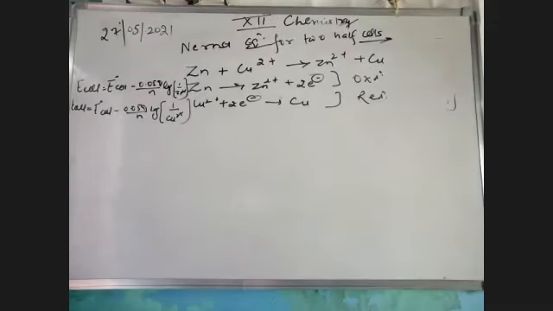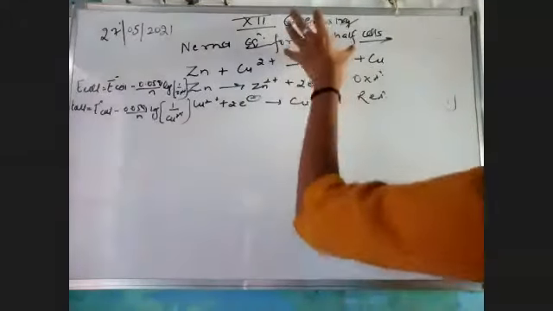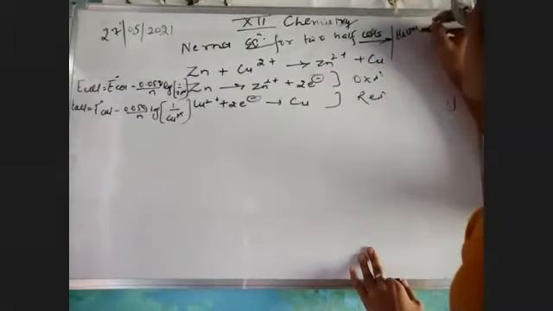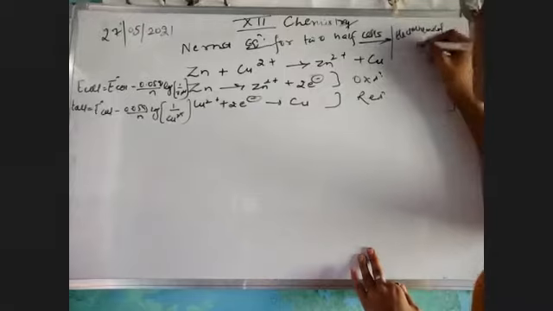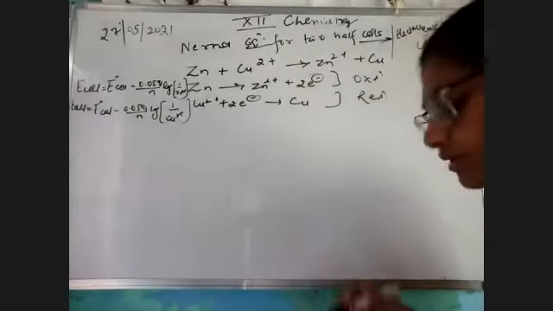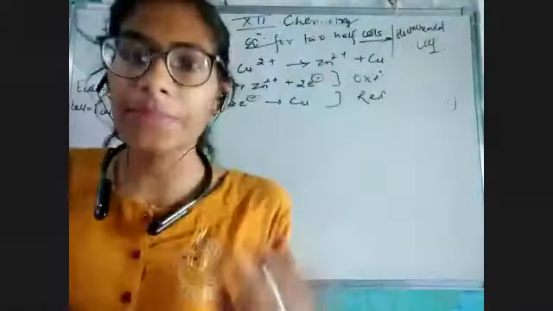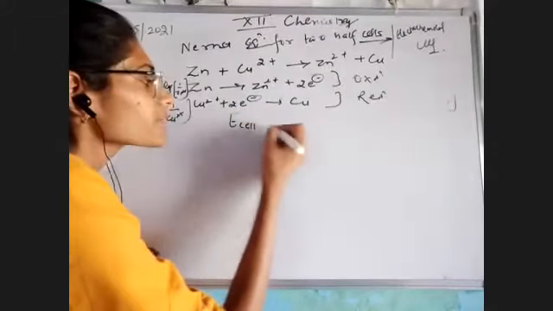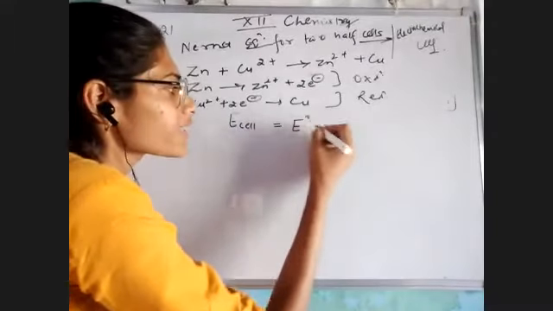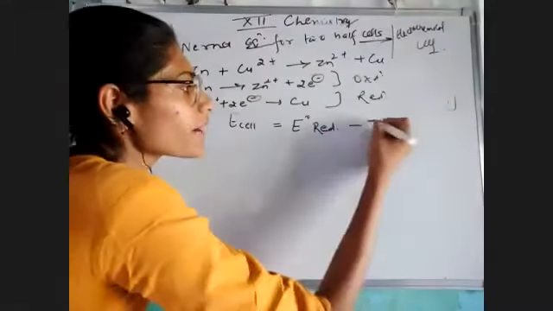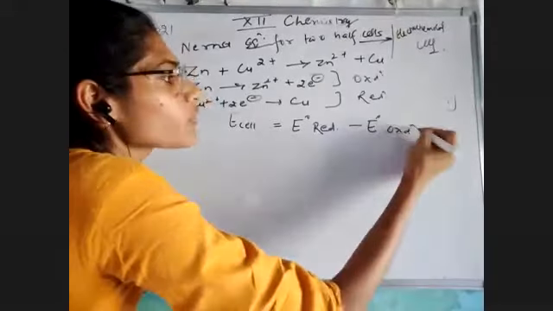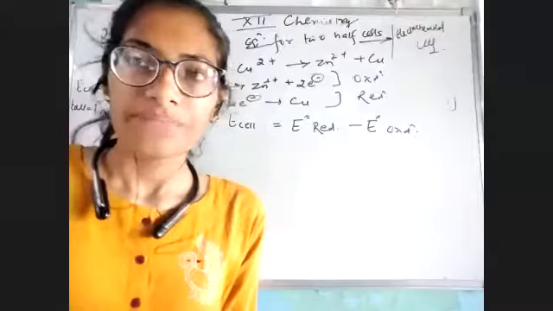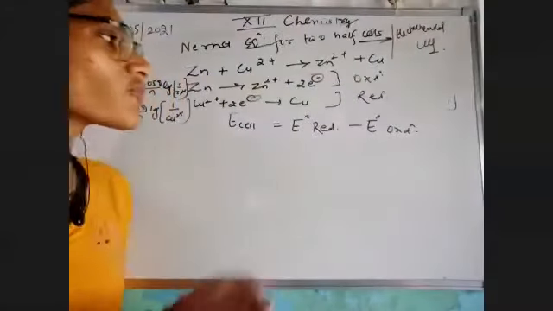Now the point arises: this is for the half cell, and we have to calculate for the two half cells, or the complete electrochemical cell. You know the rule from yesterday's class and the previous 2-3 classes: E cell for a complete reaction is calculated as E naught reduction minus E naught oxidation. Am I right or not? Definitely yes. This is the exact rule of E cell.